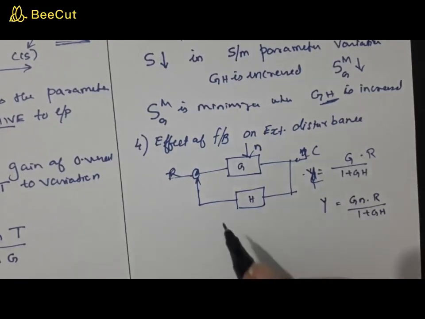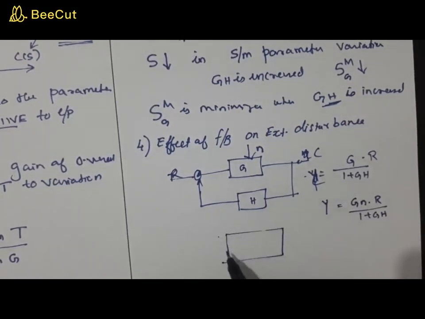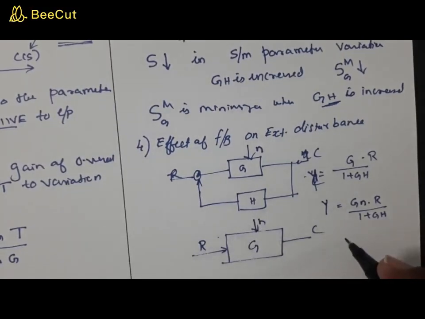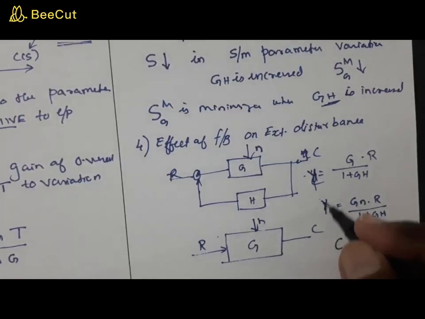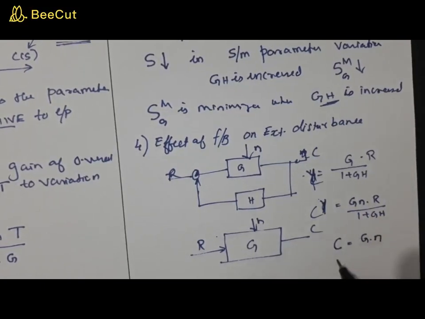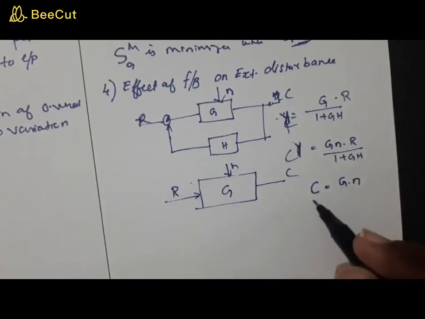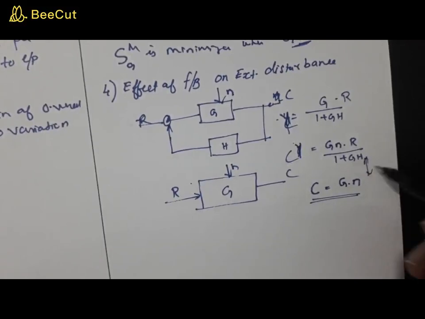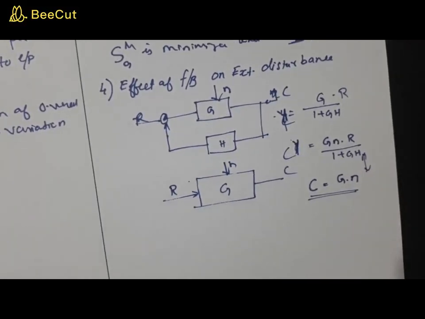Now just imagine, had it been an open loop system, I'm just comparing this: R, C, G, and an external disturbance. So what will be your equation for C? C will be equal to G times N, right? Am I right? Now let us compare these two equations. Which output is worst affected?